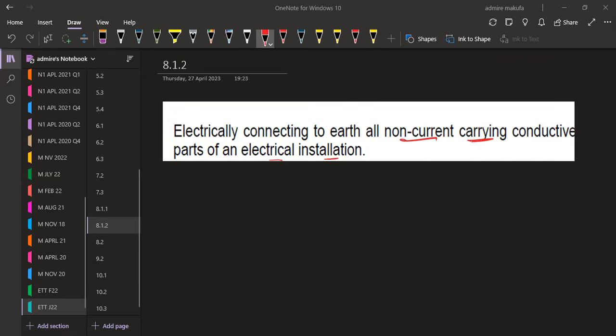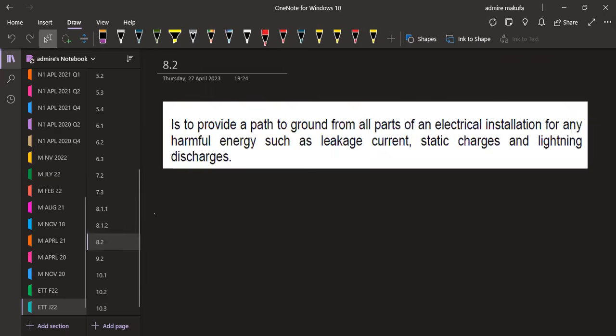Then 8.2.2, state the function of an earthing chain. What are the functions of earthing chains in this case? The function of an earthing chain is to provide a path to ground from all parts of an electrical installation for any harmful energy such as leakage current, static charges, and lightning discharges.